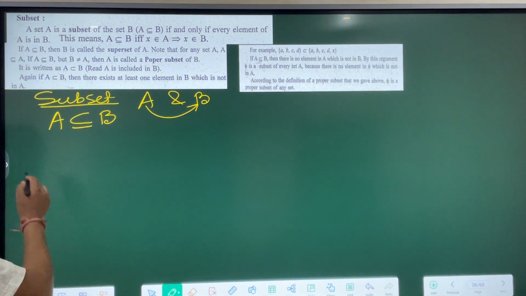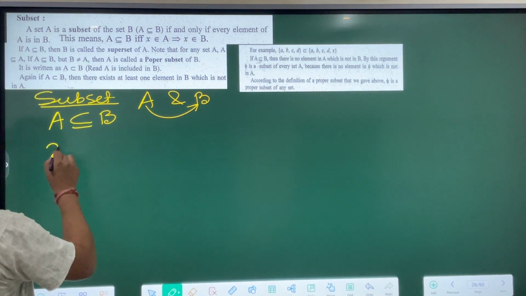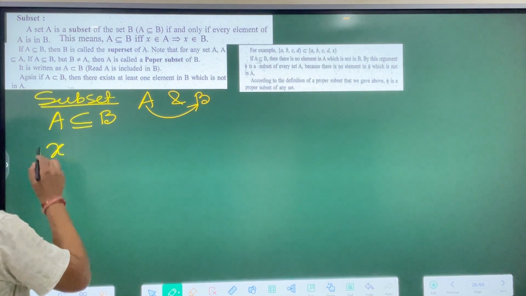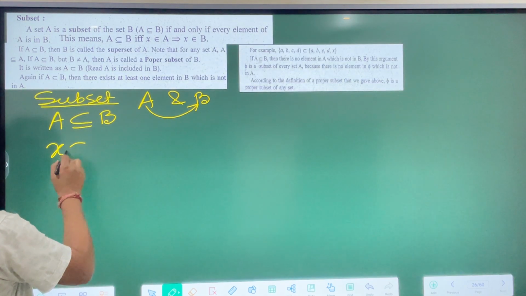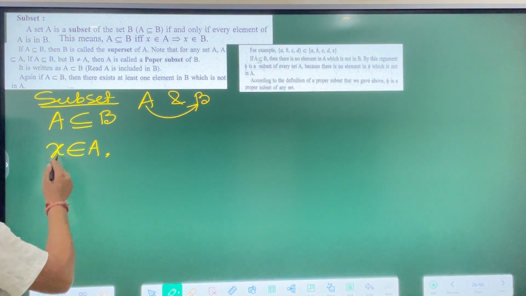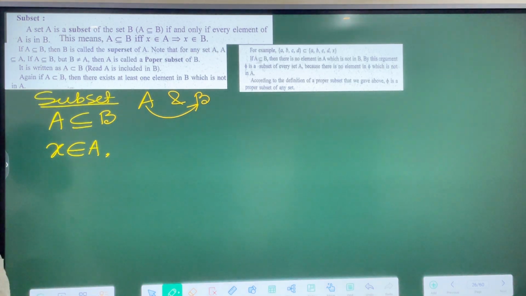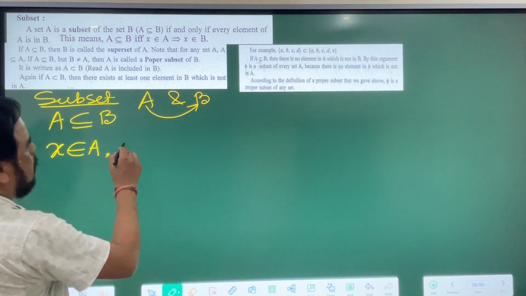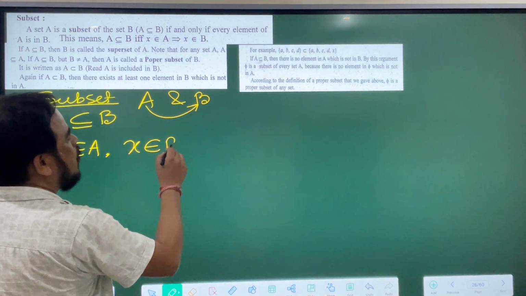Suppose X is an element present in A. How do we write? X belongs to A. X may be 1000 elements, X may be 1 element, but X belongs to A. So X must belong to B also.